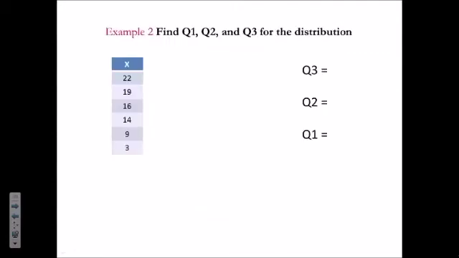Find the Q1, Q2, and Q3 scores for this distribution. So we want to find the scores that break this distribution up into quartiles, into 4 pieces. The standard way to do that is to first find the median of the distribution, that is, to break the distribution in half. We already did that. We found the median for this to be 15. So that's the Q2 score.